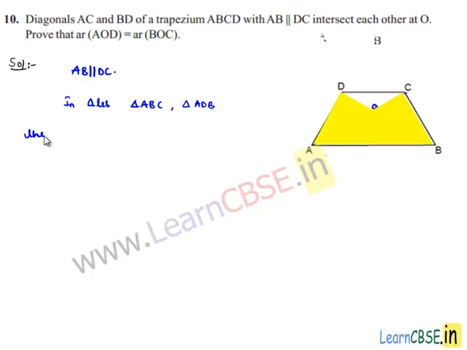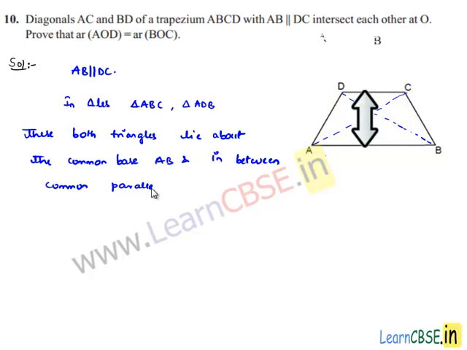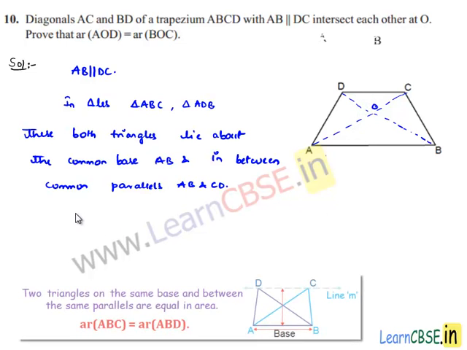Both these triangles lie on the common base AB and in between two common parallels, that is AB and CD. Therefore, we can say that area of triangle ABC will be equal to area of triangle ADB.